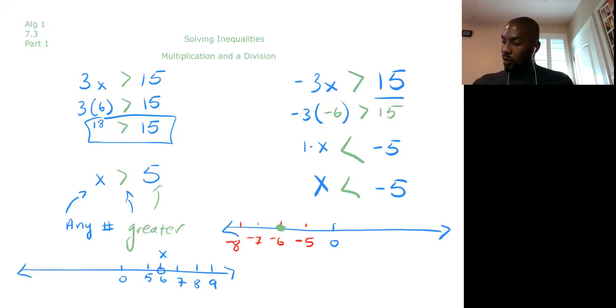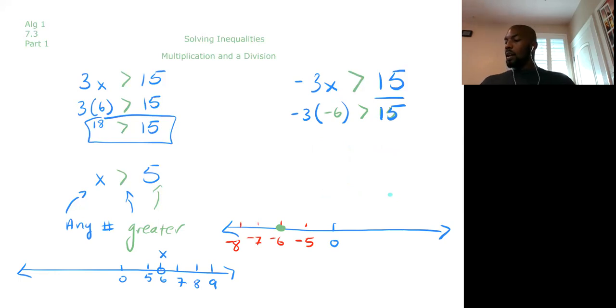And I think some of you can already guess that it is. -3 times -6 is positive, because a negative times a negative is a positive, is positive 18. Is positive 18 greater than 15? That is true, right? But that only works if you pick a number that is less than -5.